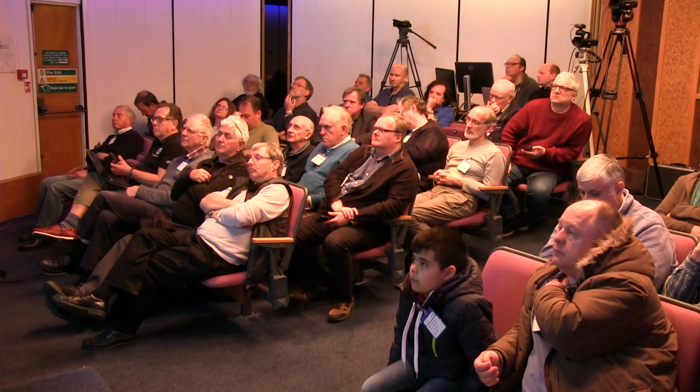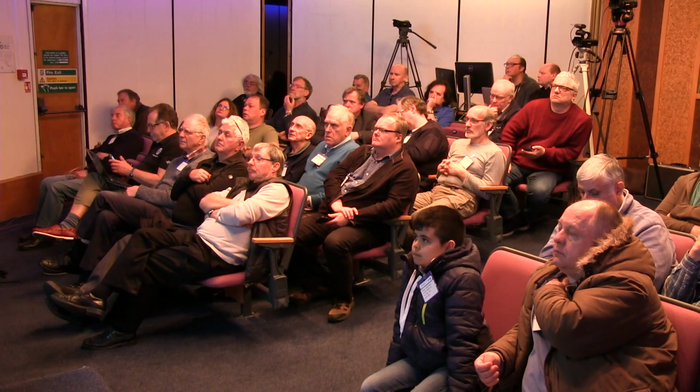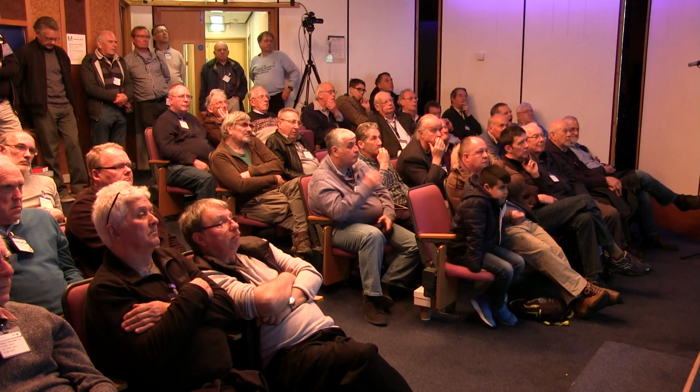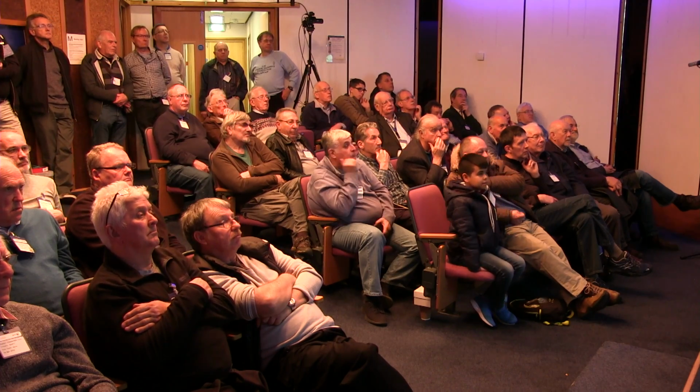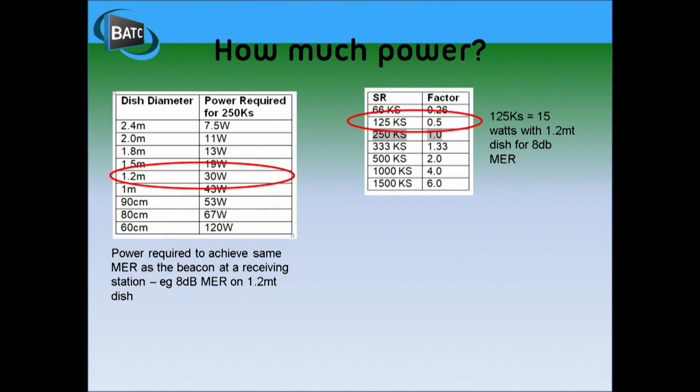However, you can also reduce your bandwidth. So these numbers were for 250 kilohertz, but if you drop down to 125 kilosymbols, and you can get some pretty reasonable pictures through even at 125, you've got a factor of a half. You only need 50% of the power that you would need for 250 kilosymbols.